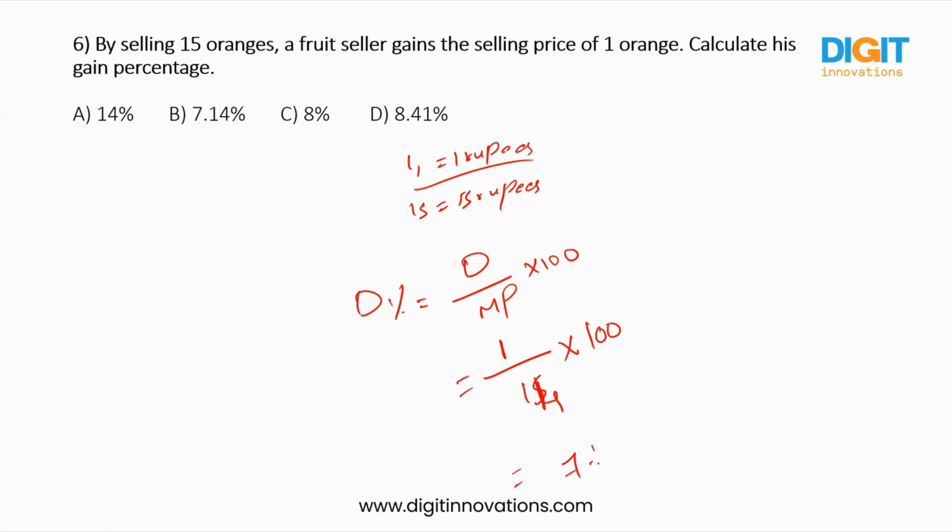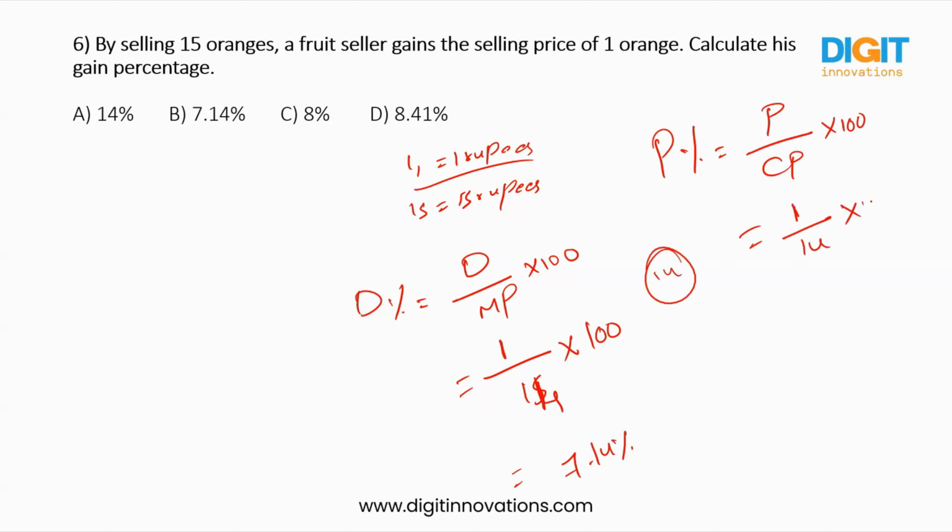Which would be 7.14%. Or you can write it as profit percentage also. Profit by CP into 100. So profit how much? 1, and CP, the actual cost price of those 14, is 14 only. So it would be the same. So I hope you are clear.